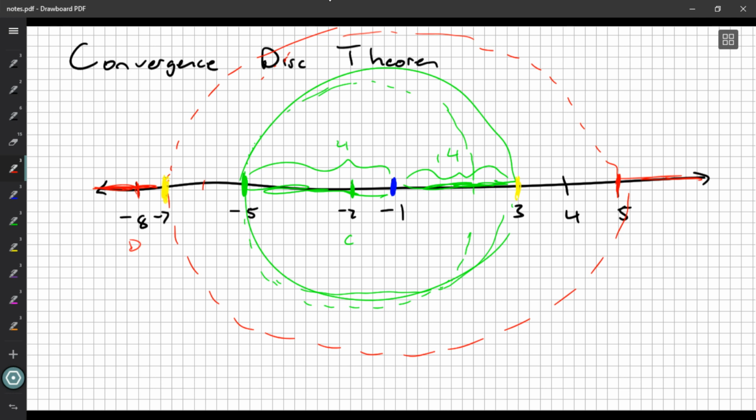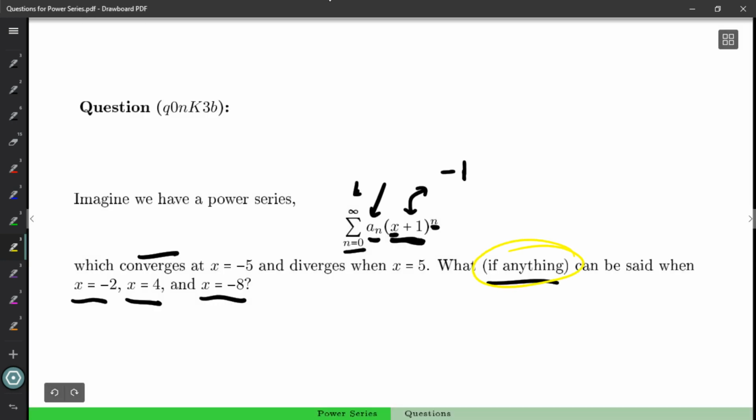But we were asked about one more. What about 4? Well, it's not closer to negative 1 than negative 5 is, and it's not further away from negative 1 than 5 is. So it, like 3 and 7, is something we just can't talk about. We don't have an answer. And that's okay, because they said, what, if anything?